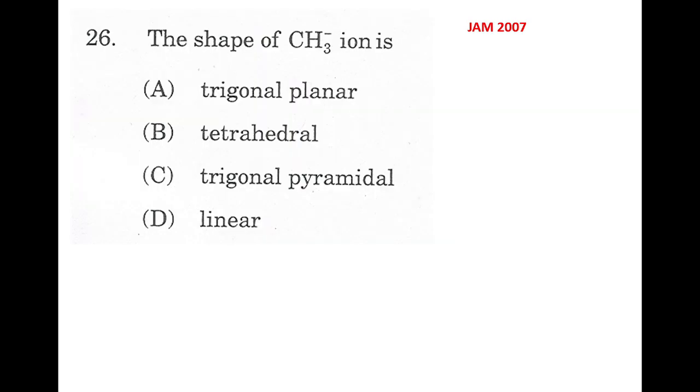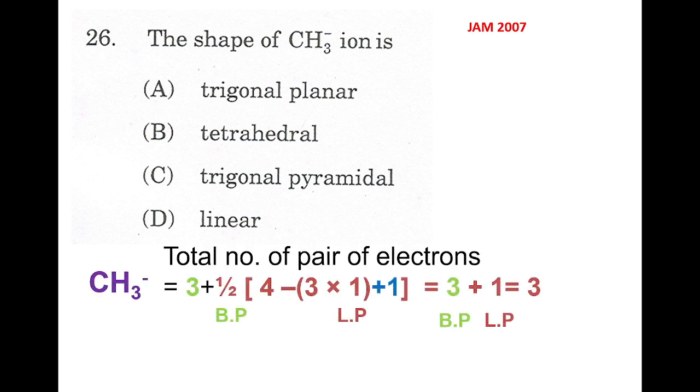Moving to the next question: shape of CH3 minus, this is a carbanion, methyl carbanion, is trigonal pyramidal, tetrahedral, trigonal pyramidal, linear. Similarly, for ionic species, we will predict the shape of the molecule by using the formula. We'll get the total bond pair 3 and lone pair 1.